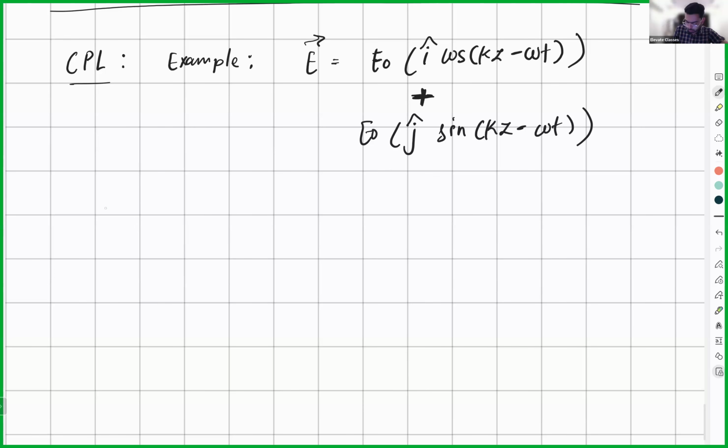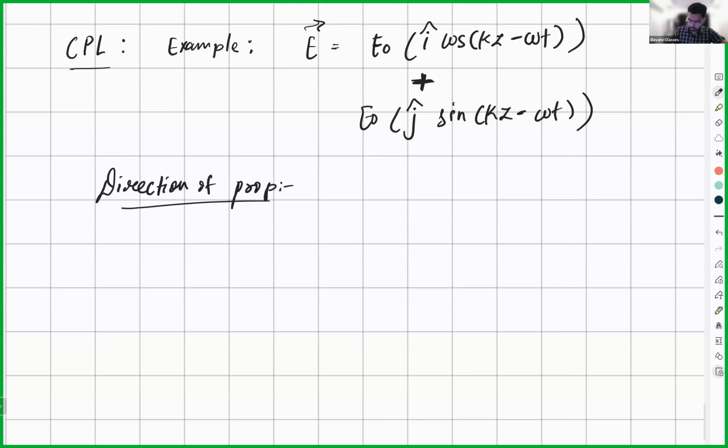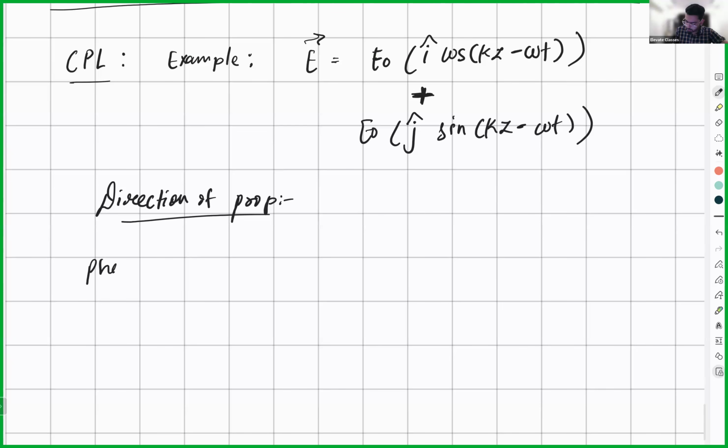So for direction of propagation, let me briefly explain. The phase term can be written something like this: k dot r minus omega t, minus or plus.